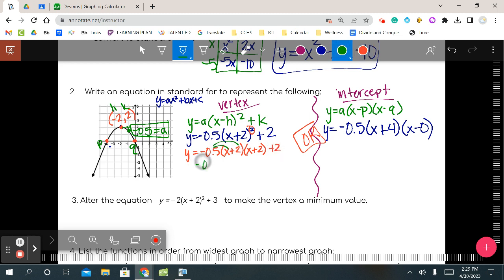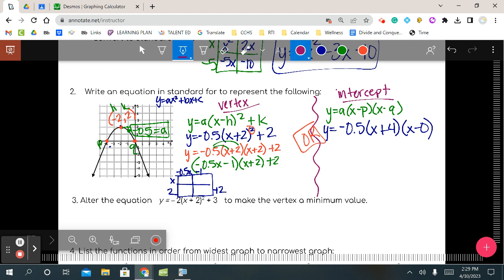Distribute, so you're going to get negative 0.5x minus 1. Like I said, I don't got much room. Negative 0.5x, negative 1 times x, 2, and then a positive. We're going to have to add a positive 2 at the end.